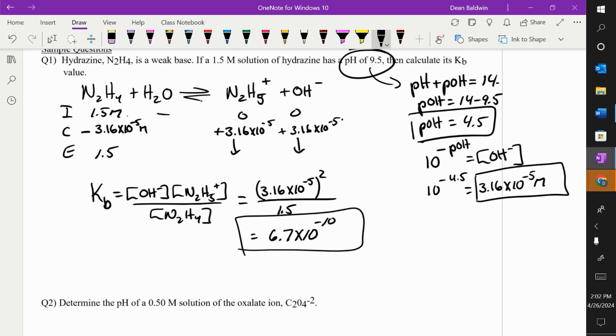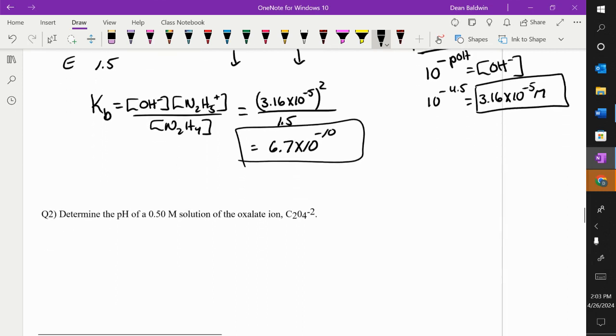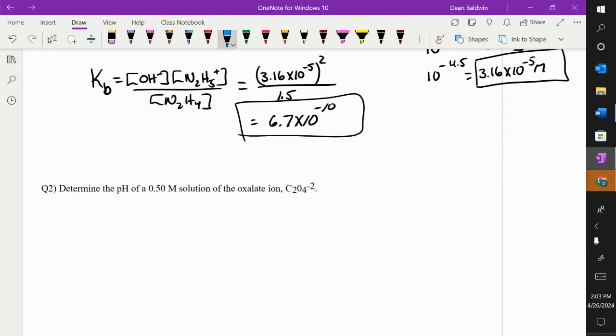Okay. All right. Last one. Determine the pH of a 0.5 molar solution of oxalate ion. Okay, so we have our C2O4 2 minus.